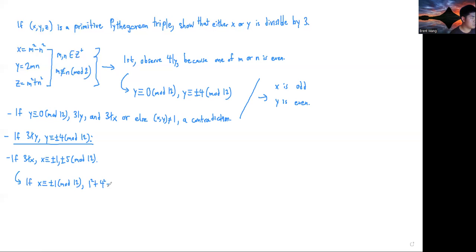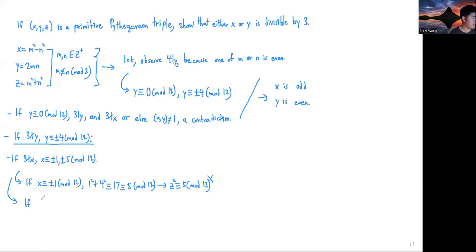That is congruent to 17, because 1 plus 16 is 17, which is congruent to 5 mod 12. So then if x is congruent to plus or minus 1 mod 12, this implies that z squared is congruent to 5 mod 12. But that's a contradiction because there's no possible z value that fits this congruency. It just doesn't work. So yeah, that's out of the picture.